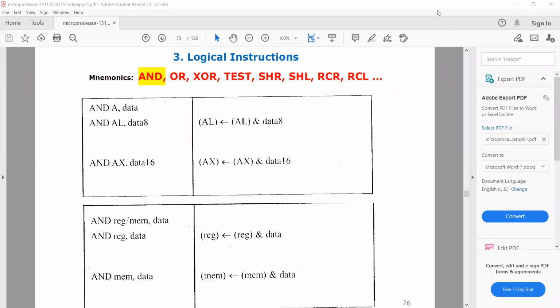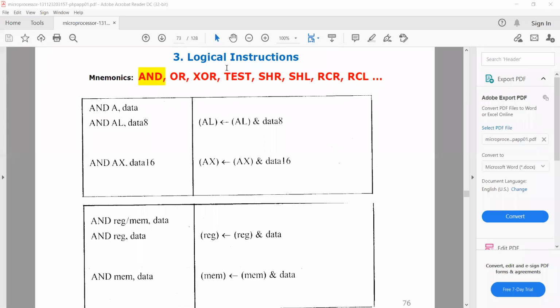Only a few of them are given here, which are most important and frequently used in our programming, just to give you the basic understanding regarding the instruction set.